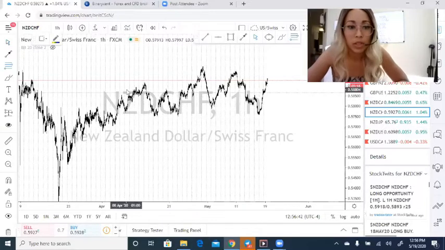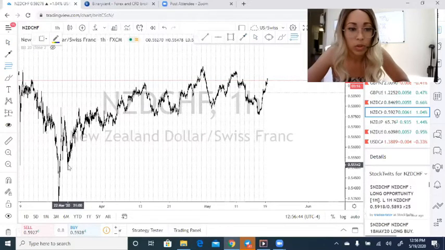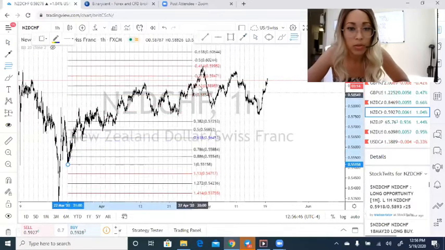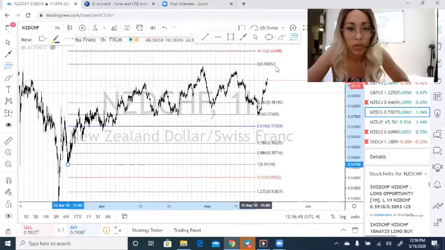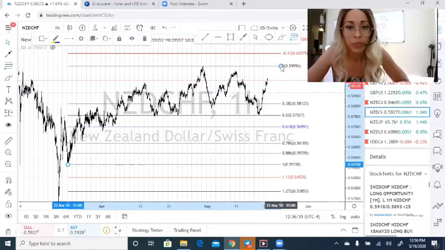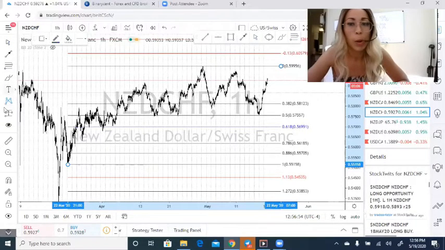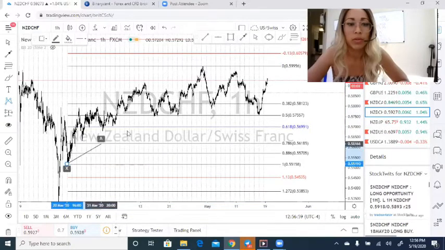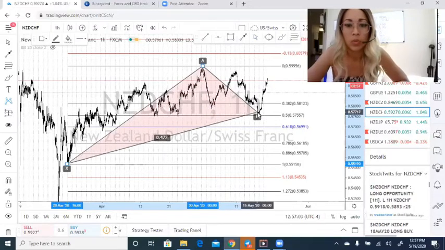Grab our Fibonacci, and again, it starts from the beginning. We'll take this from X all the way up over here to where A is. And for our entry point, I'm going to grab our harmonic tool, start from there, X, bring this to A. This is where our B point actually was.